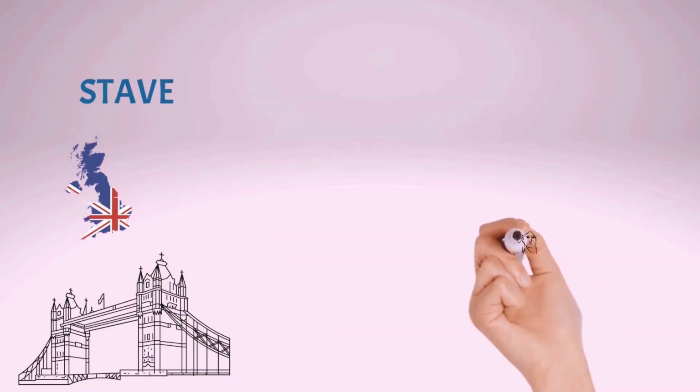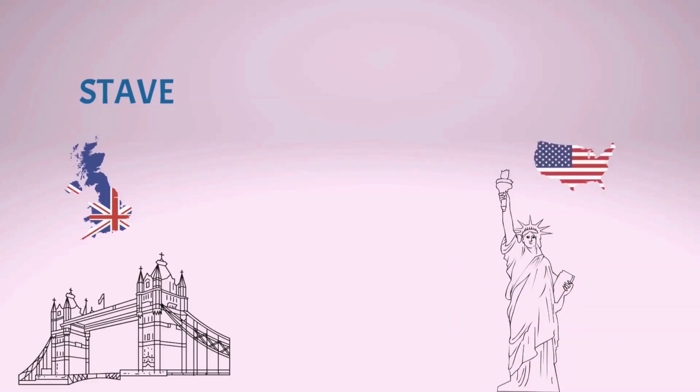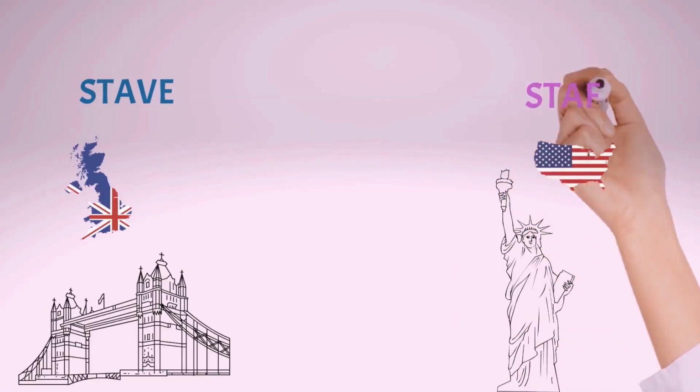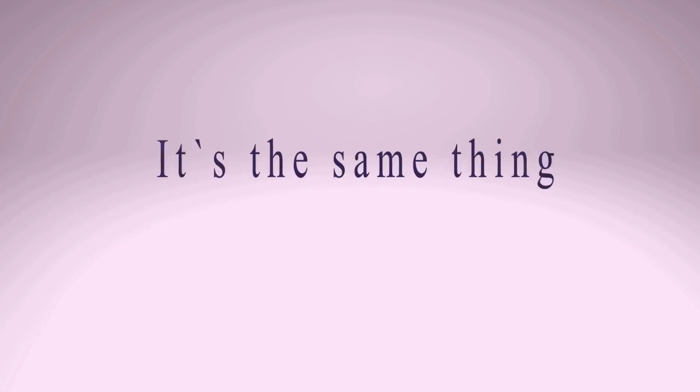In the UK, they call it stave. In the US, they call it staff. But it's the same thing. The musical staff consists of 5 lines and 4 spaces.